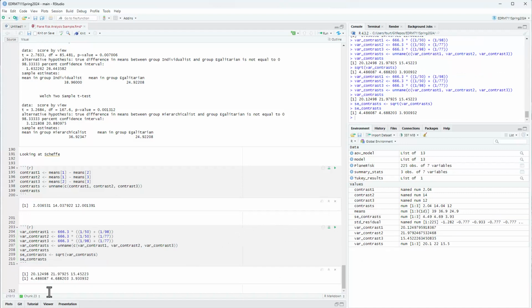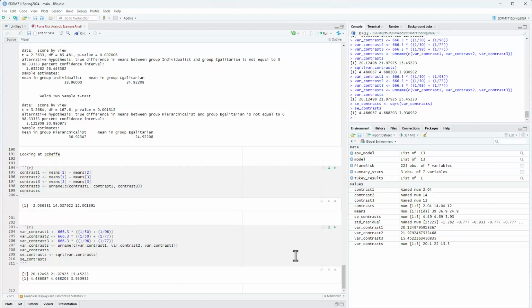Okay, there it is. All right, so now for Scheffe, what we're going to do is create the margin of error by hand. Well, the margin of error is just the critical value times the standard error. Well, look at this. We've already created the standard error for each of those three contrasts right here. And we have the contrast right here.